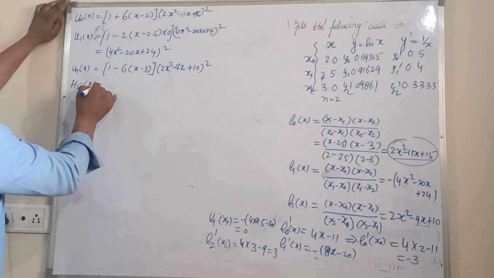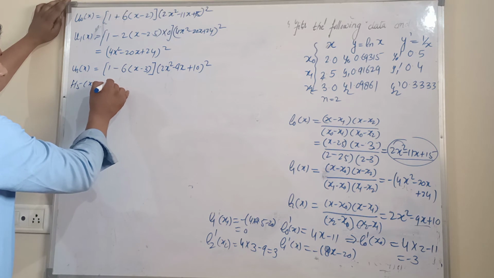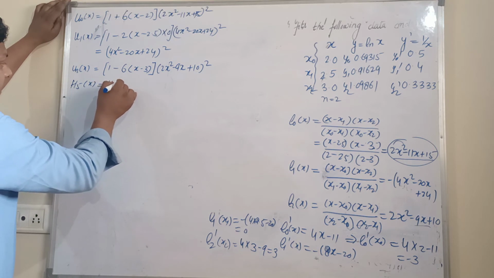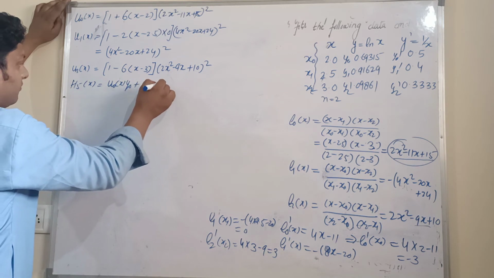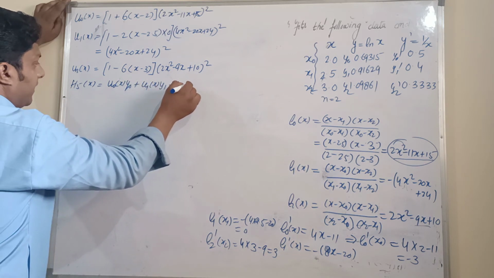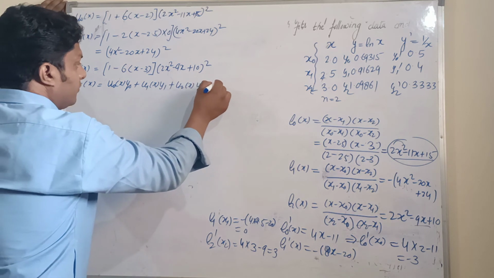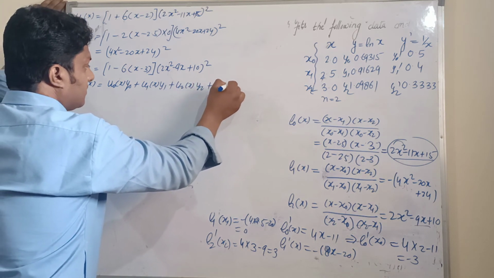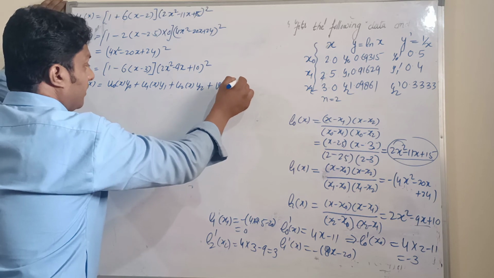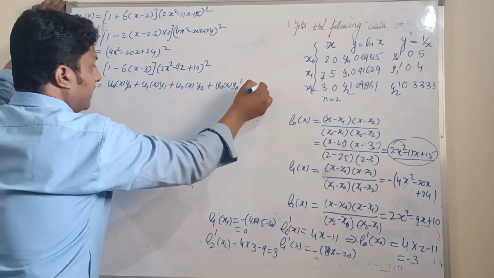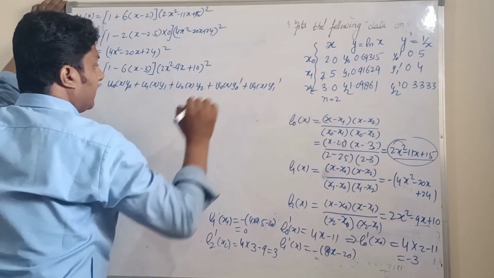H5(x) will be, if you remember, u0(x)y0 + u1(x)y1 + u2(x)y2 + v0(x)y0' + v1(x)y1'.